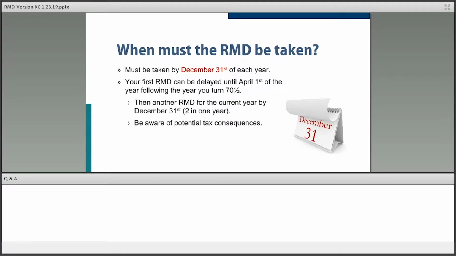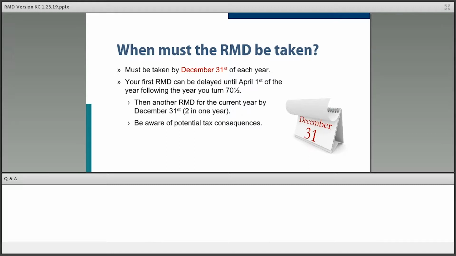Let's talk through some of the specifics of when a required minimum distribution must be taken. Your minimum required distributions must be taken by December 31st of each calendar year, as you see on the first bullet point of the slide there.